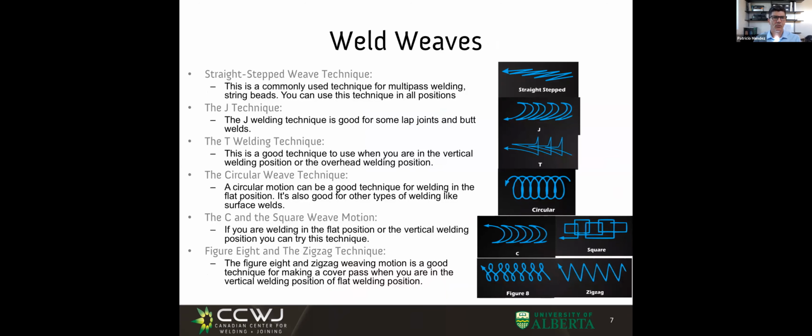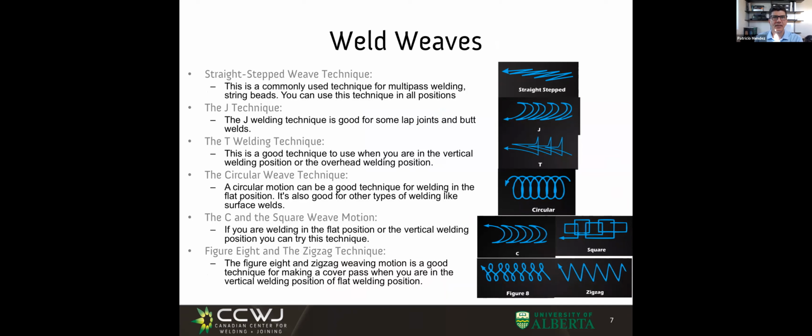Some more about welding weaves. I'm not going to dwell long on this. I just wanted you to see that the weave was not just going left and right, as I mentioned. It's much more sophisticated than that. And I did my own search, and I found these weaving techniques, but there are many more, and they have funny names.